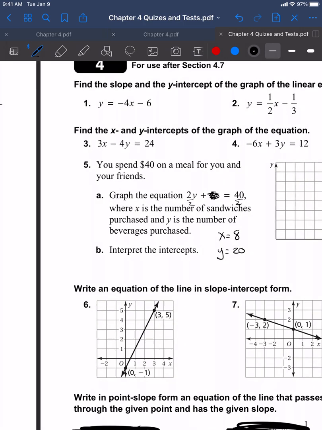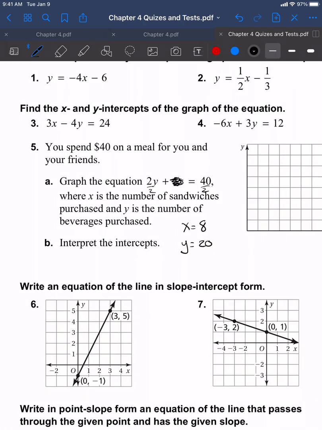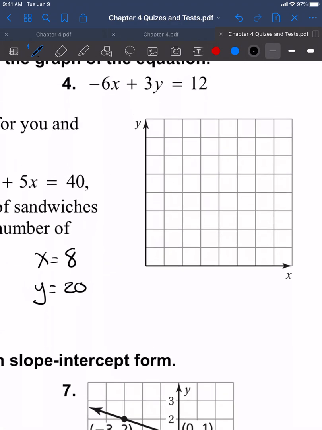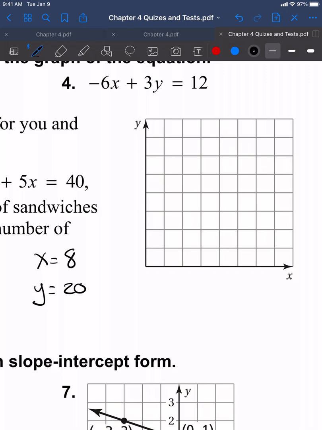Okay. So part A says graph the equation. How do I now graph it now that I found my intercepts? Over 8. Very good. Now, does it look like I'm going to have 20 lines on my y-axis? Could I go by 2s? Should we try that?